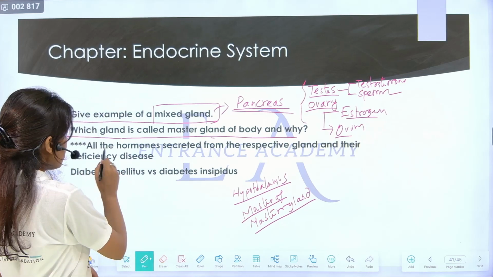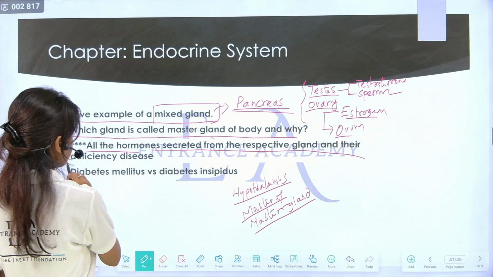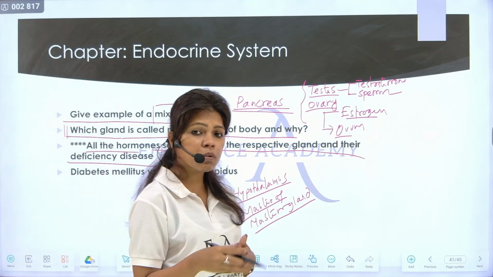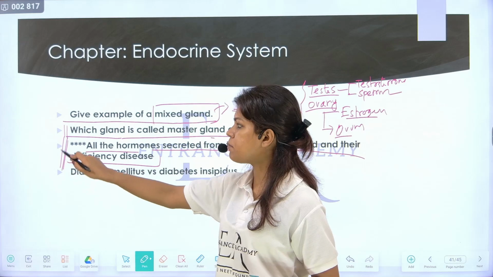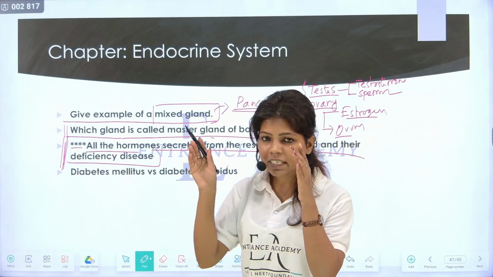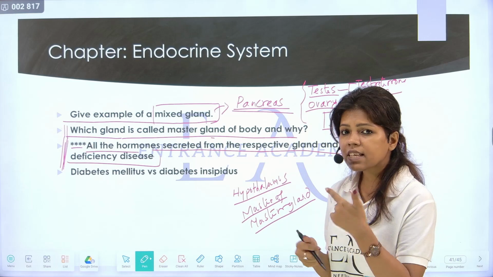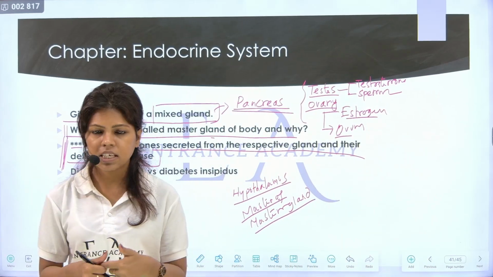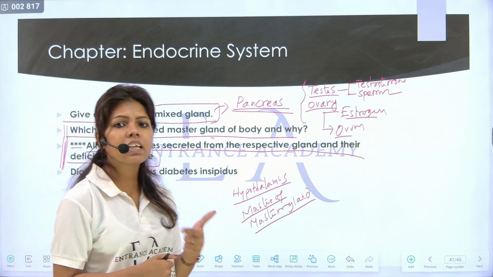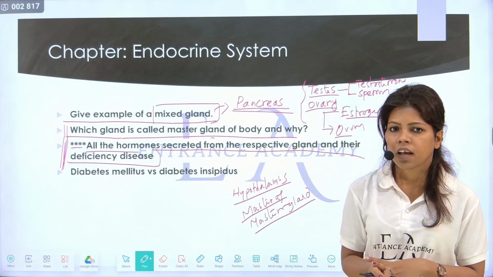Next question. All the hormones secreted from the respective glands and their deficiency diseases. A chart is provided in your book. This part is very, very, very important. Four stars are here. It can come in the form of matching. For example, hyposecretion of insulin results in diabetes mellitus. Hyposecretion of ADH hormone indicates diabetes insipidus.